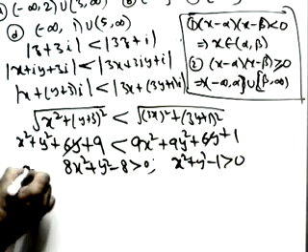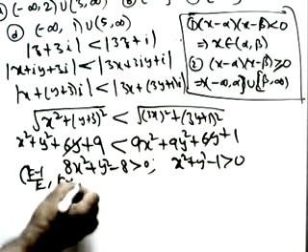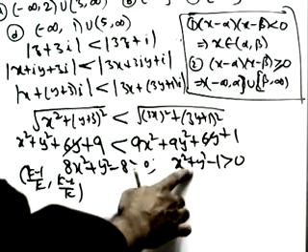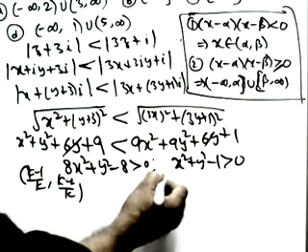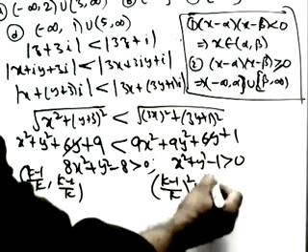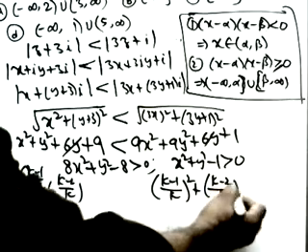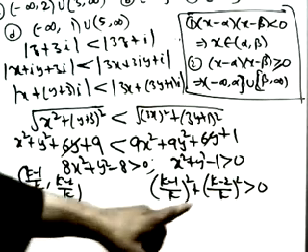Now what is given? This point lies on this. What is the given point? (k minus 1 by k, k minus 2 by k). This is the locus of z. On that this point lies. So let me substitute the point in place of x and y: (k minus 1 by k) whole square plus (k minus 2 by k) whole square minus 1 greater than 0.